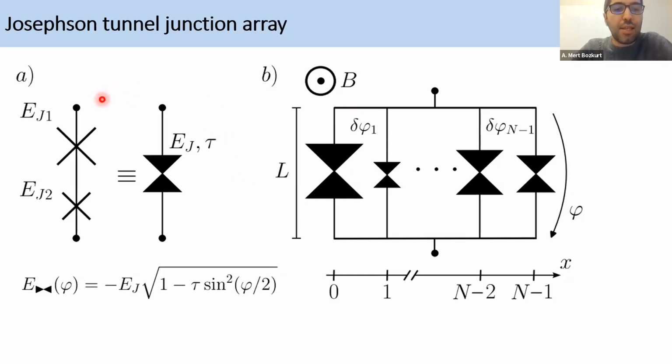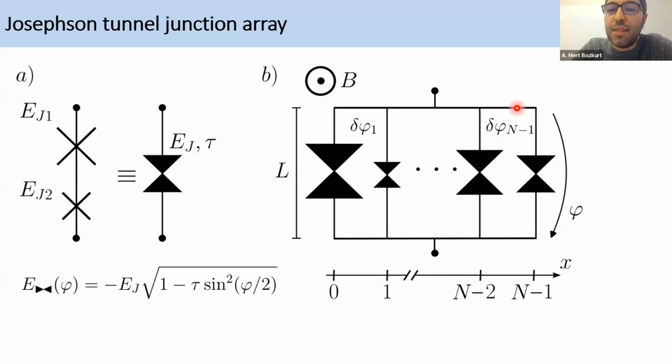I need to elaborate a bit further on the device. First of all, we consider this as a building block, and we denote every two tunnel junctions in series with this double triangle. Then we connect them in parallel, and the varying sizes of the triangles mean that I have different EJs and taus for each arm. Finally, I form loops between the arms, because I can place the arms at different spacings.